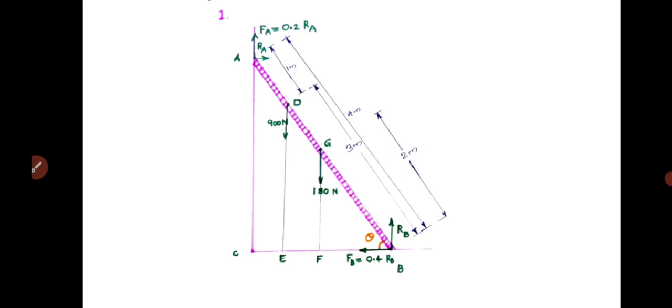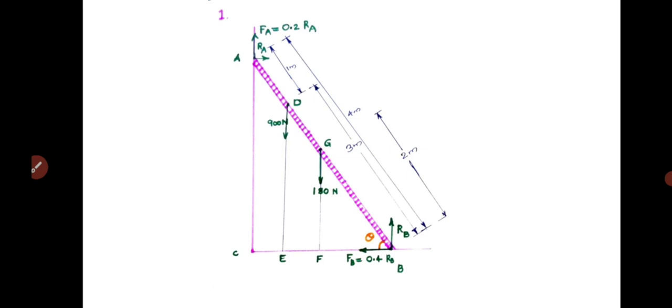Hypotenuse is 2 meter, that is BG. So BF will be 2 cos theta. So all these distances AC, BC, EB and FB, all these 4 distances we have to calculate in order to find the moment about point B.